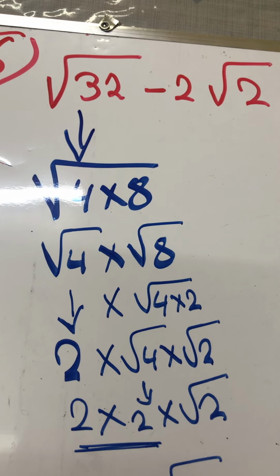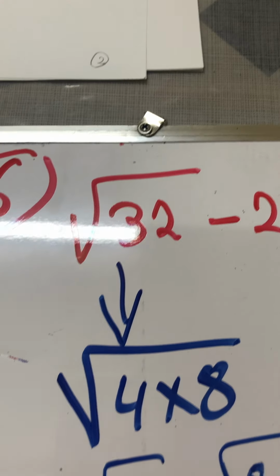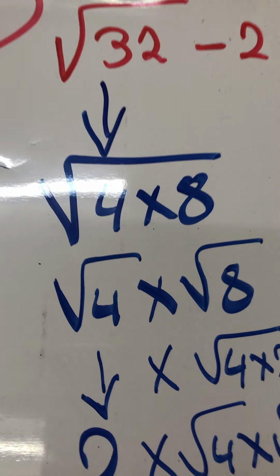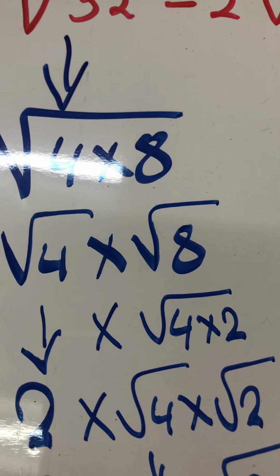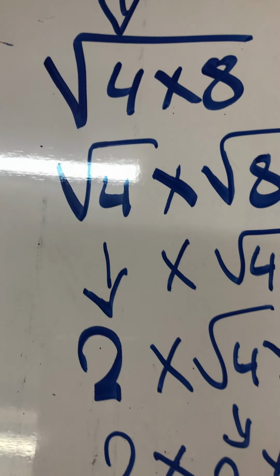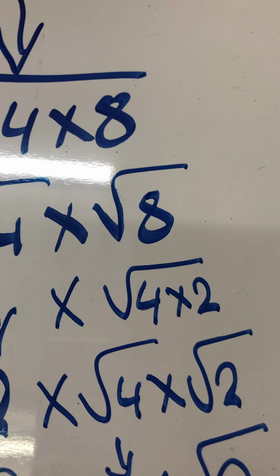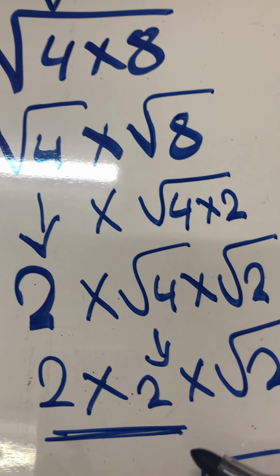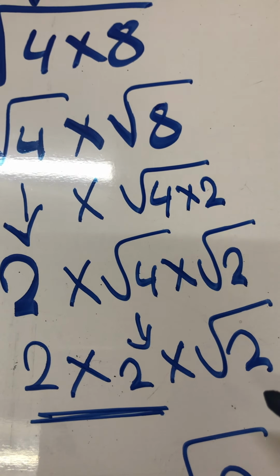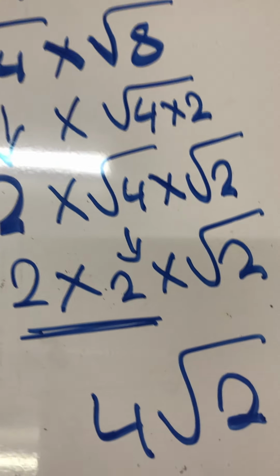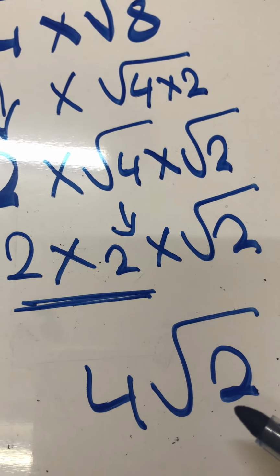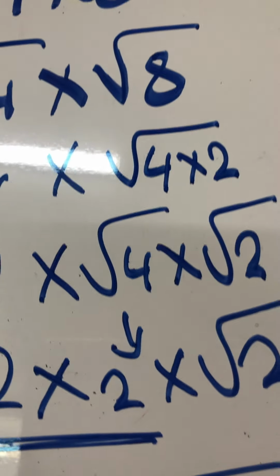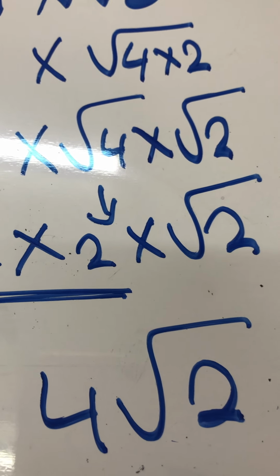So again, the factors of 32 are 4 times 8. Separate square root for 4 and separate square root for 8. Square root of 4 equals 2. Square root of 8 can change into 4 times 2, and then square root of 4 equals 2. Square root of 2 stays square root of 2. Now I have 2 times 2 equals 4 square root of 2. Now I simplified the square root of 32 to 4 square root of 2.